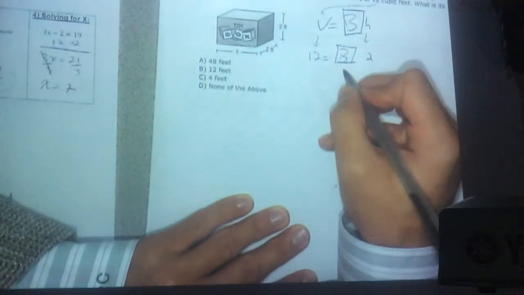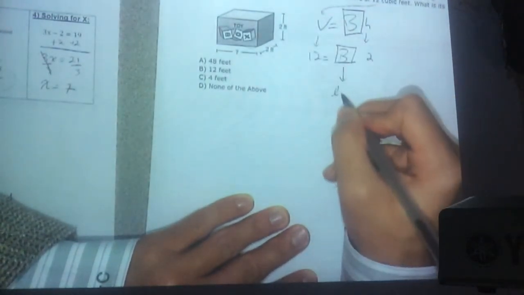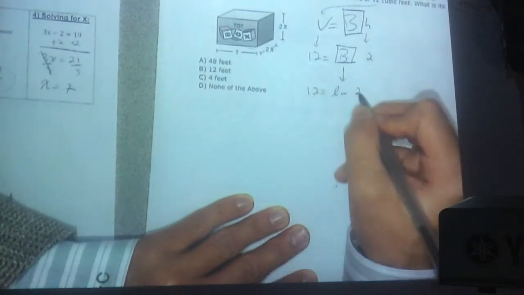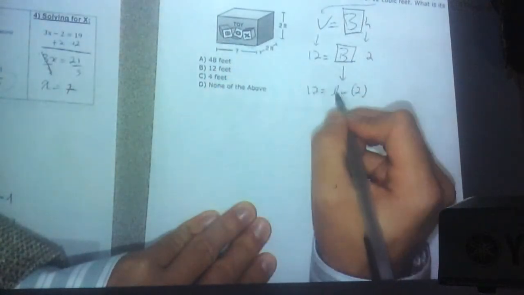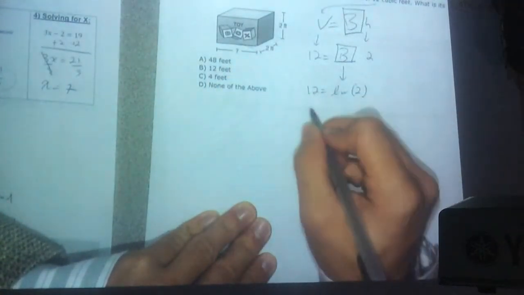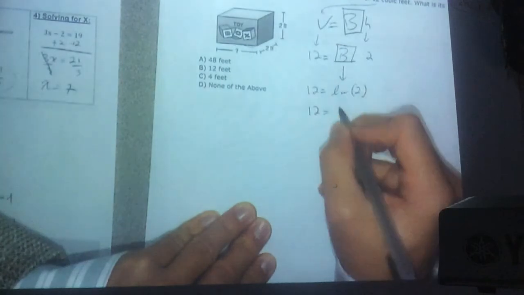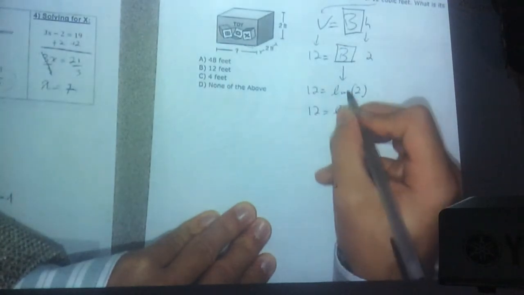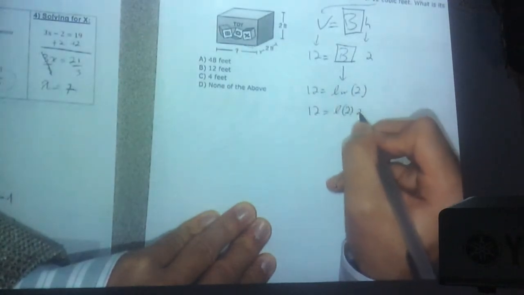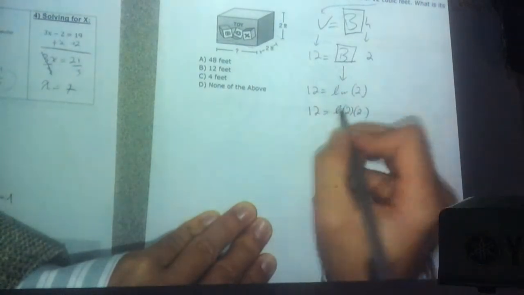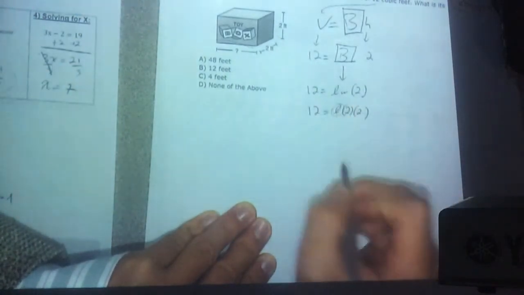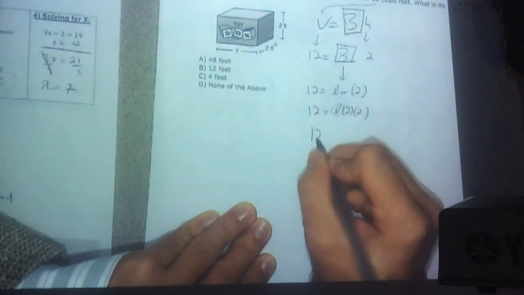Now for the rectangular base, it's going to be length times width. I don't know what this length is, but I do know the width. So it's going to be 12 is equal to length times 2 times 2. Okay, so now I just need to solve for this length. So 2 times 2 is 4.